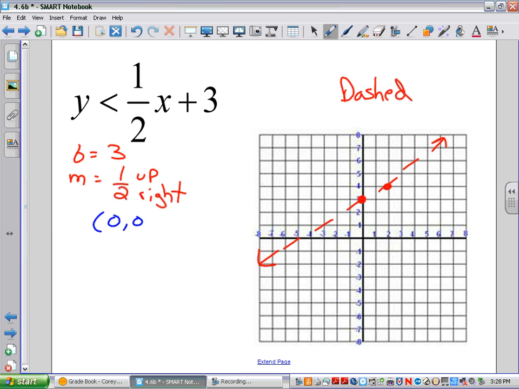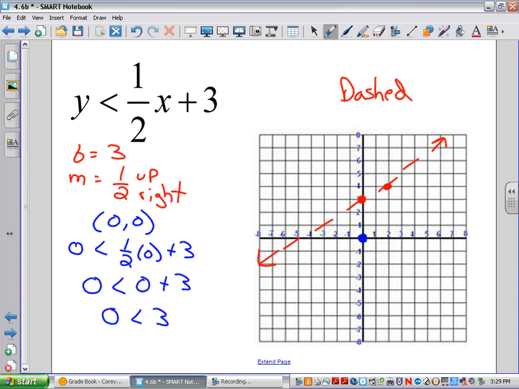We do everything else the same. My test point would be 0, 0. Let me mark that at the origin right there, 0, 0. And let's determine if that's my yes side or my no side. So 0 is less than 1/2 times 0 plus 3. 0 is less than, that'd be 1/2 times 0 is 0 plus 3, or 0 is less than 3.